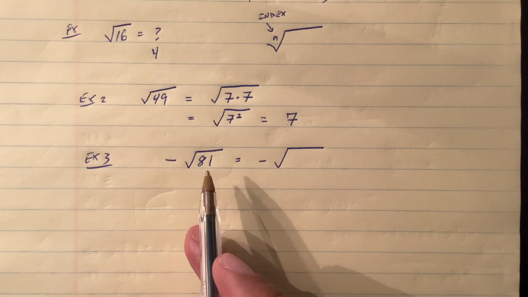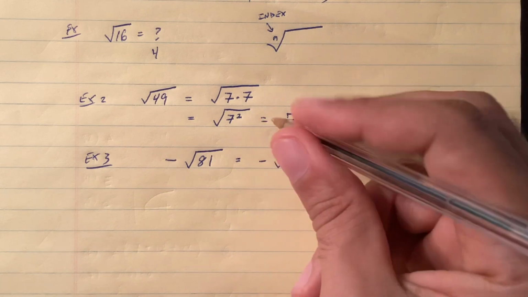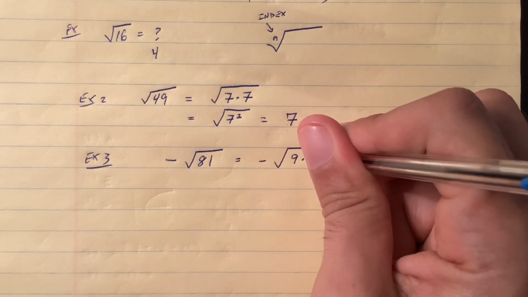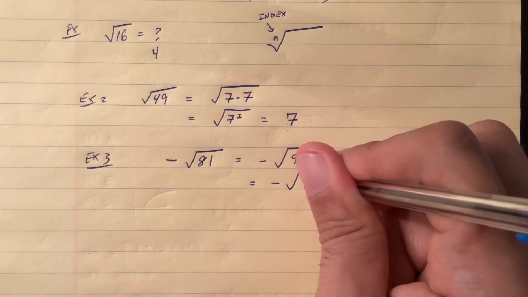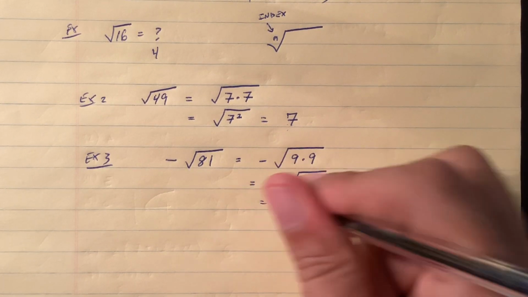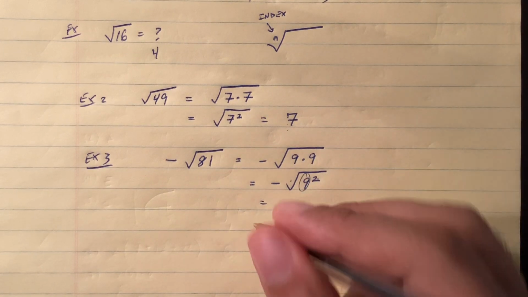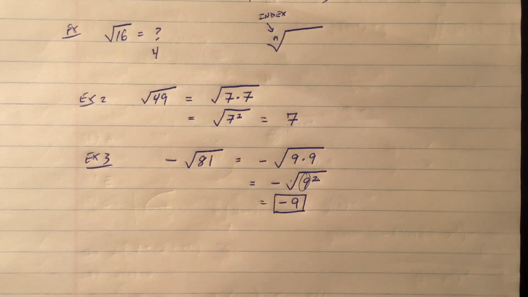Well, what two numbers multiply to get 81? And those numbers need to be the same number. That's going to be 9 times 9. 9 times 9 is 9 squared. And now that the index matches the power, our answer is just going to be whatever the base is. And then we're going to bring down the negative that was originally in front, and we have our answer.